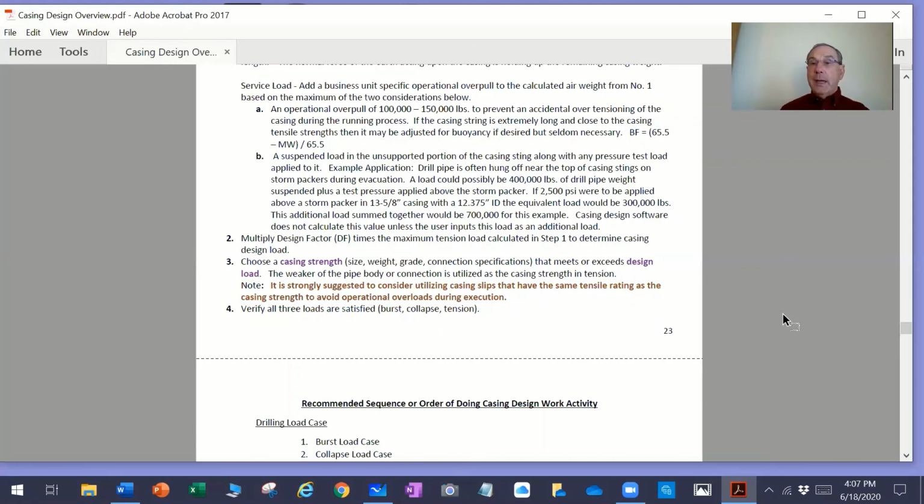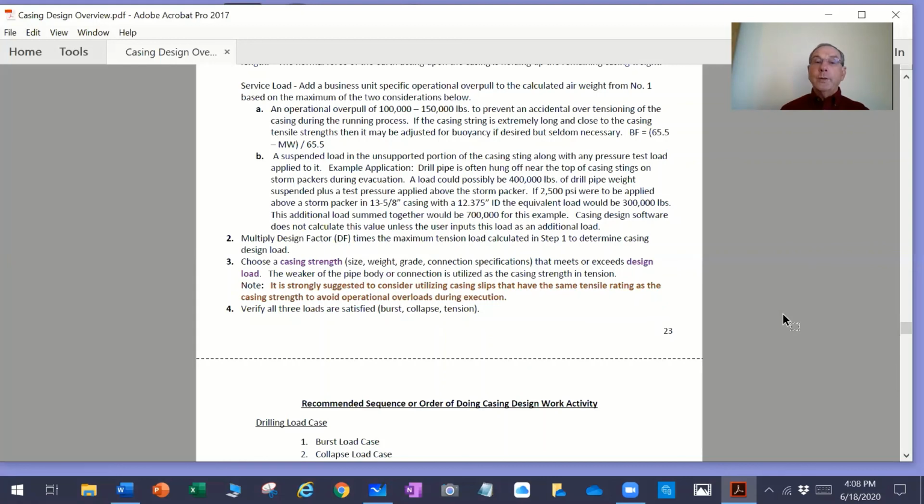I have seen the case where a vendor asks you, how deep are you running casing and what's the weight and grade of it? You say, okay, I'm running 60-pound casing to 10,000 feet. Well, they can do the math. That's 600,000 pounds. And so then they choose casing slips that are good for 600,000 pounds or greater.